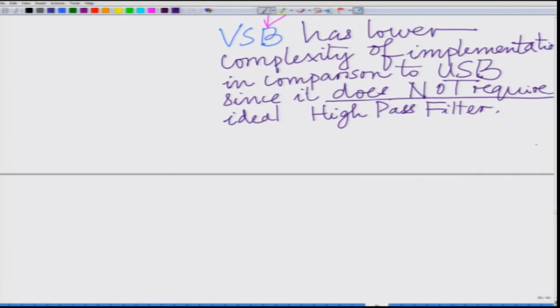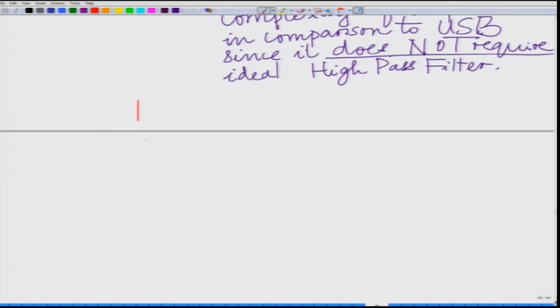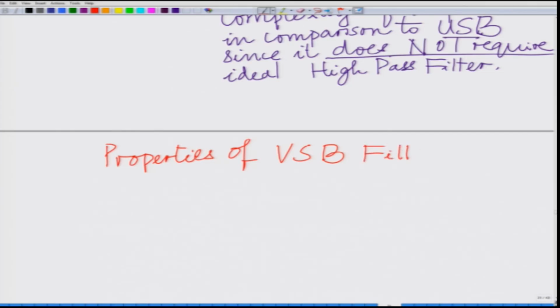Now, let us look at the properties of the VSB filter.